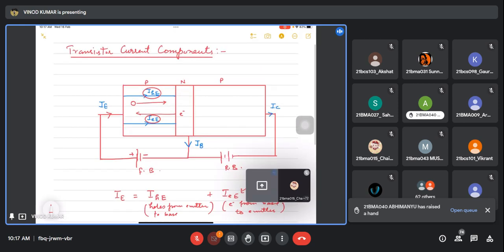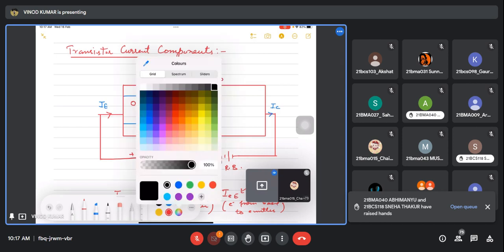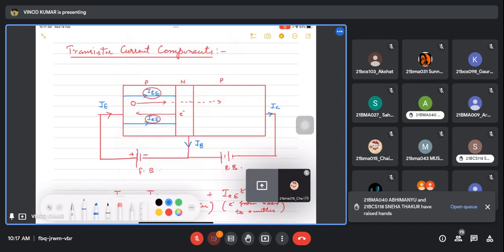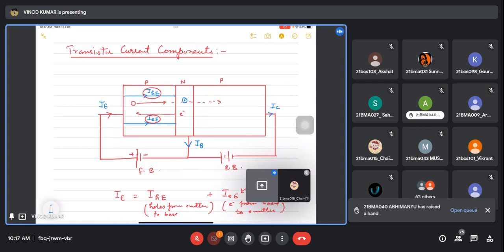So these holes which are moving towards the collector, they all are not reaching there. Some of them are going to recombine with electrons here. If electrons are here, then about 5% of the holes are going to recombine at this place.